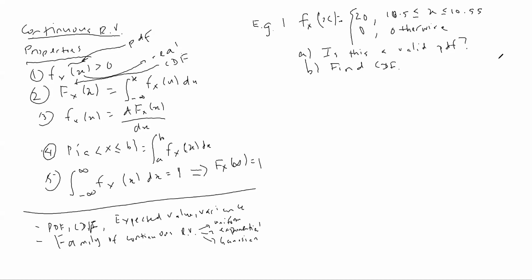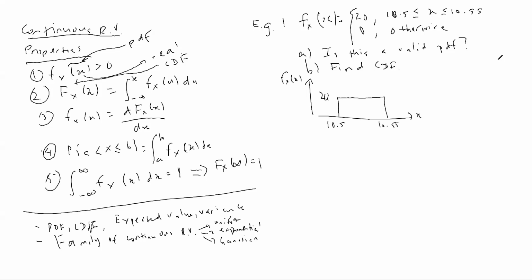Now, in the first question, I've given you f_X(x) equal to 20 between 10.5 and 10.55. If you think about it, if I draw it out here, we have 10.5 and 10.55 on the x axis, and the height is 20, because f_X(x) is on this region here.